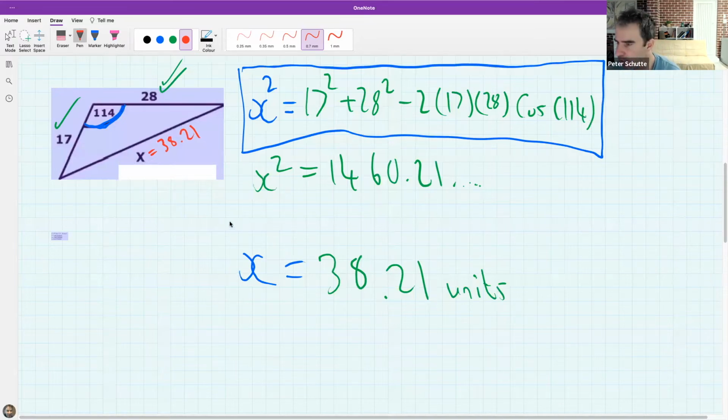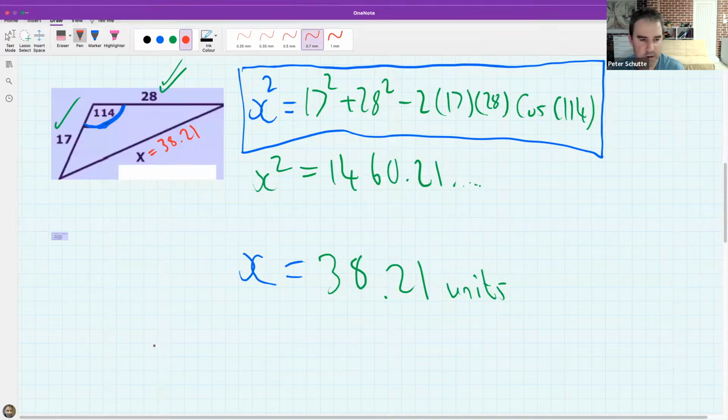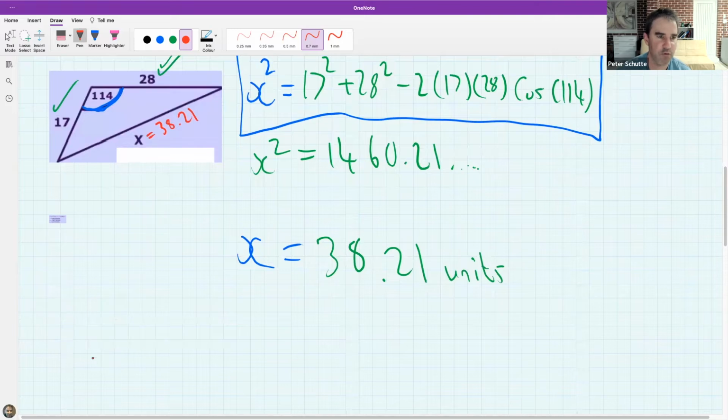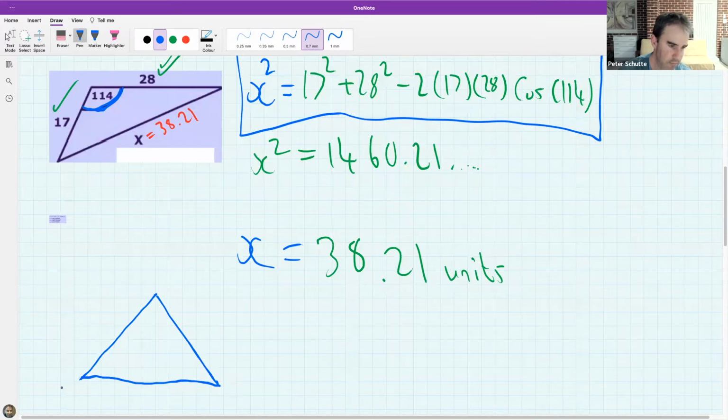Okay, so guys, if there are any questions, you can raise your hand. Otherwise, I'm going to move on. I just want to actually make sure you understand the general form of this. So let me draw a triangle like this. A, B, C. We'll call this A, call this B, call this C. Okay.